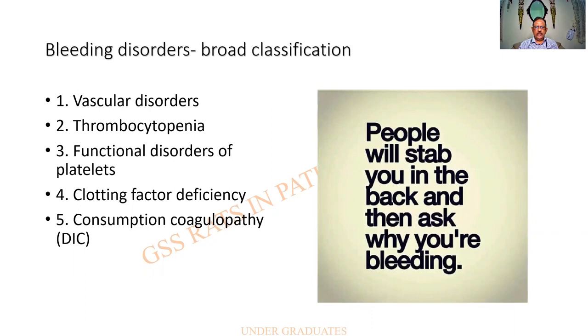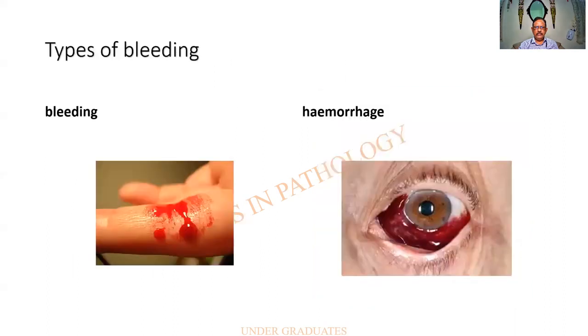A quote regarding bleeding. I hope you will be able to enjoy it. There are different types of bleeding. The two terms on the screen, bleeding and hemorrhage, are used interchangeably. But bleeding is supposed to denote a lesser scale, whereas hemorrhage is more massive.